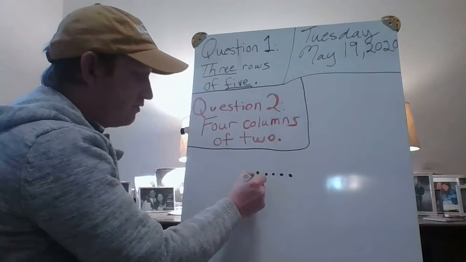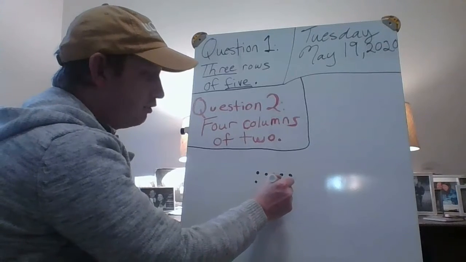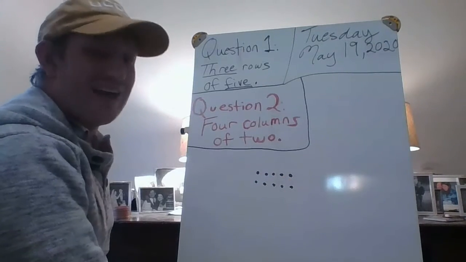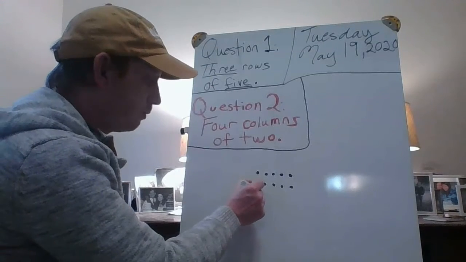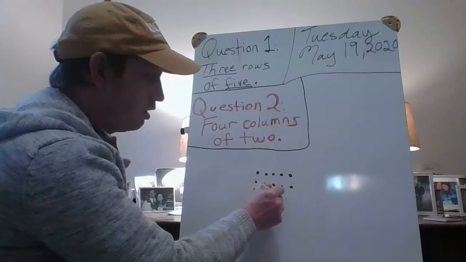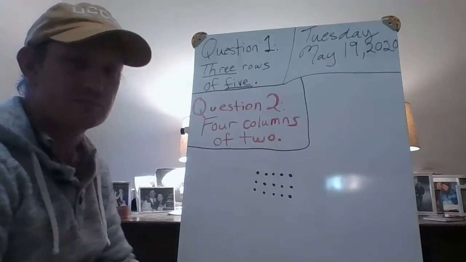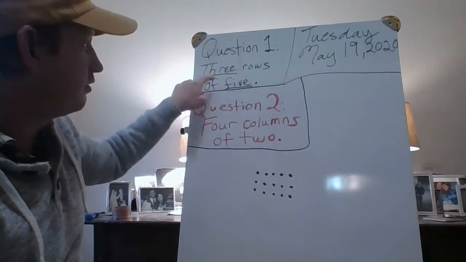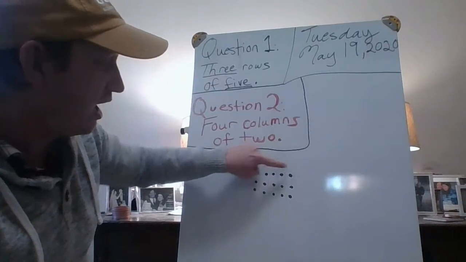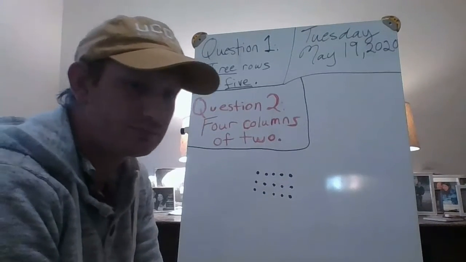Row 2 has 5: 1, 2, 3, 4, 5. And row 3 has 5: 1, 2, 3, 4, 5. So now we have our array, 3 rows of 5. 1 row of 5, 2 rows of 5, 3 rows of 5.